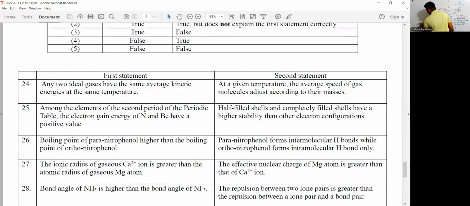There are some good points to learn. Any two ideal gases have the same average kinetic energies at the same temperature, right?